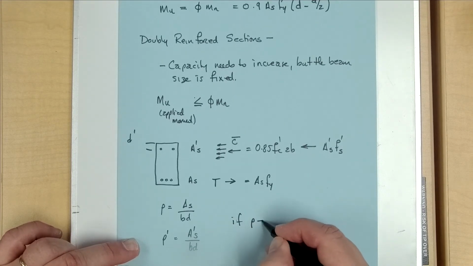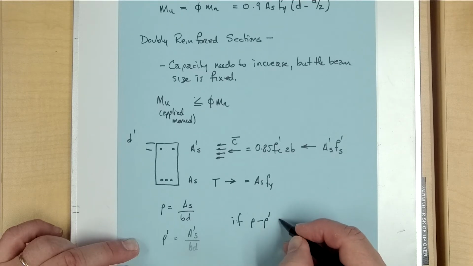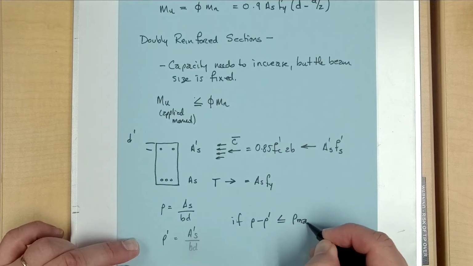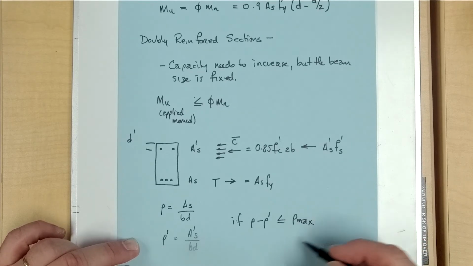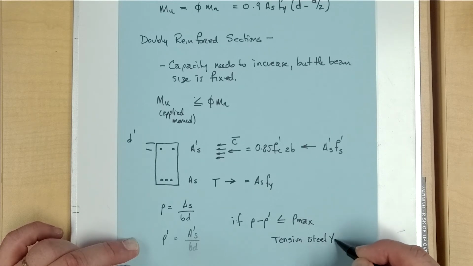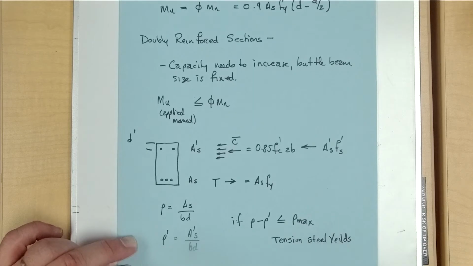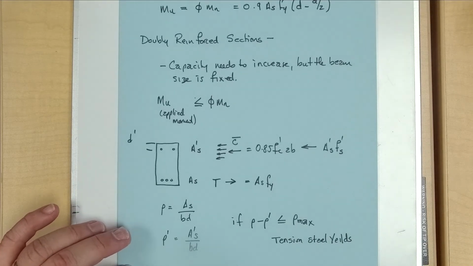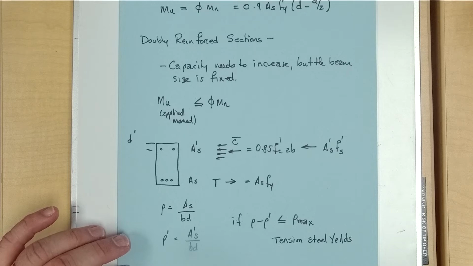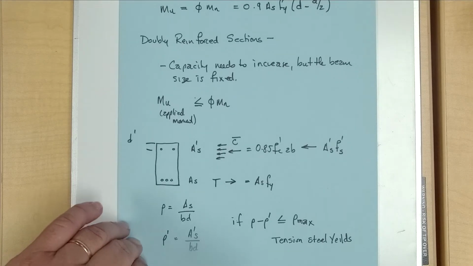If rho minus rho prime is less than or equal to rho max, then the tension steel yields. That is a requirement. We don't design beams where the tension steel doesn't yield. So if rho minus rho prime is greater than rho max, the beam is inadequate.